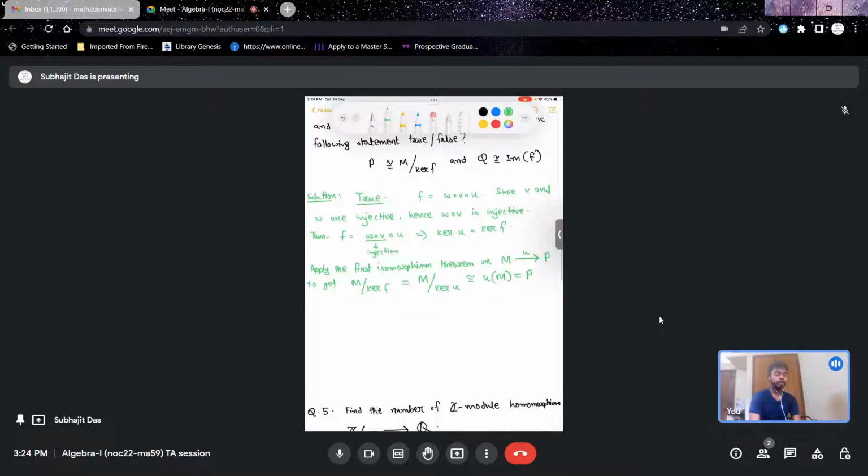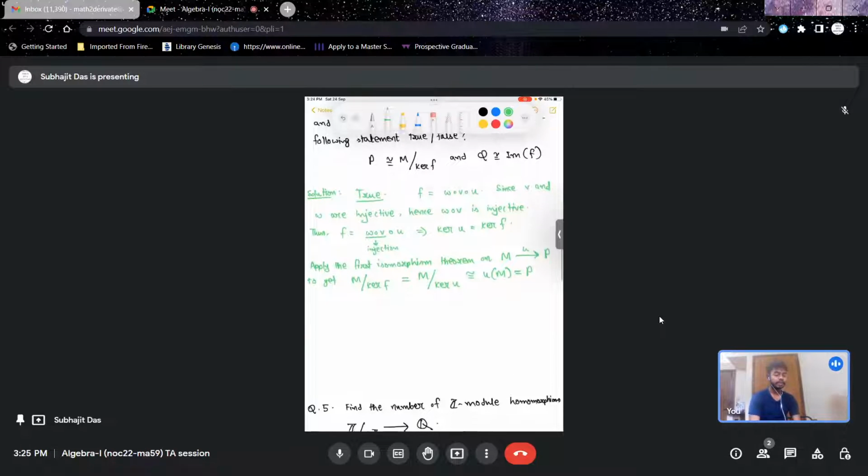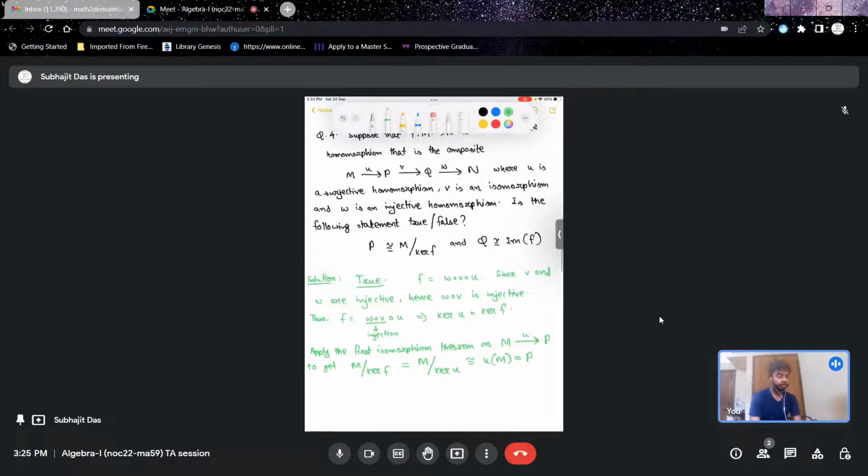Thus M mod kernel of F is isomorphic to P. That we have proved.